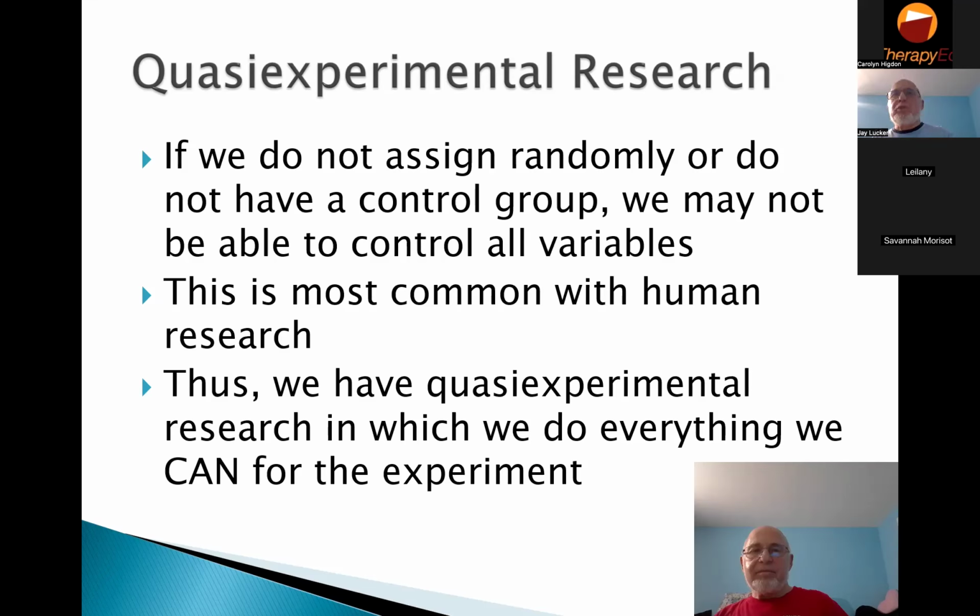Group one gets the new therapy, and we'll call that new, and group two gets the old therapy, we'll call it old. So it's new versus old. And our null hypothesis would be what? New versus old: new is our experimental group, and the old is the control or comparison group. What's the null hypothesis? Think about it.